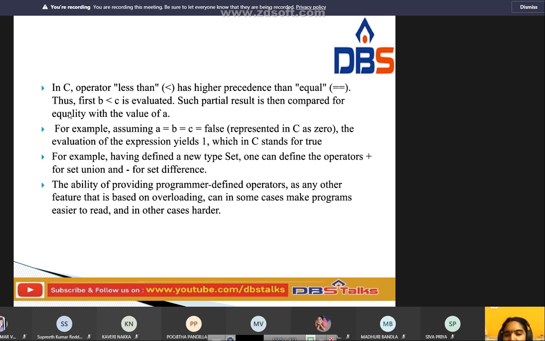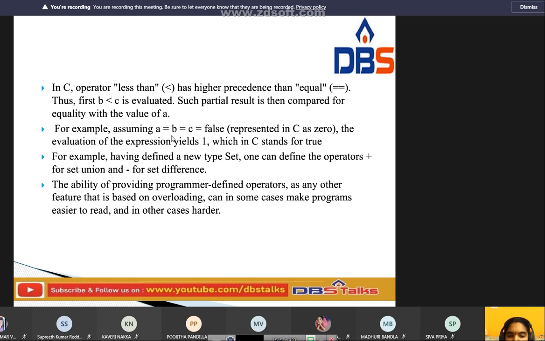Next, in C language, the operator less than has higher precedence than equal. Thus first b less than c is evaluated.